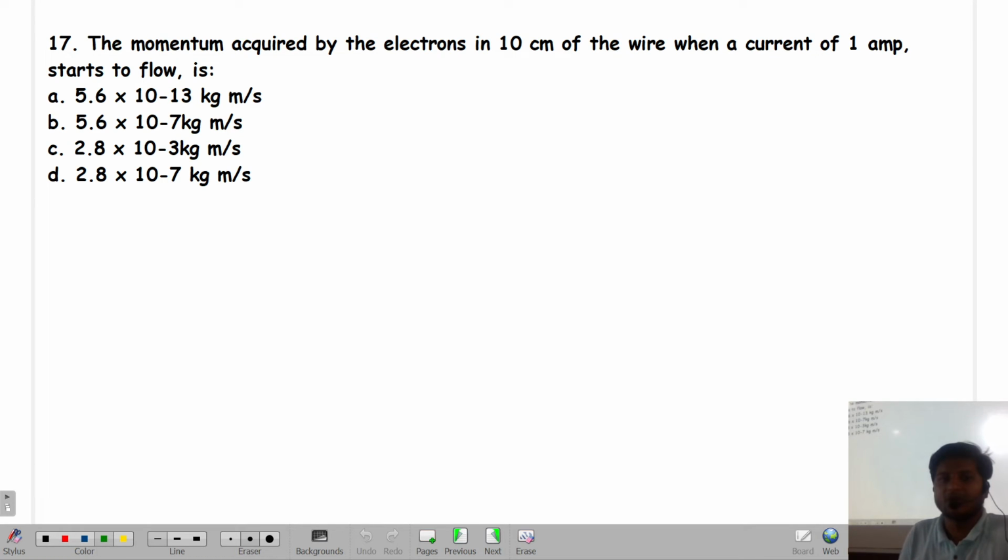What it is saying: the momentum acquired by electrons in 10 centimeter of wire when a current of 1 ampere starts to flow. Okay, first important thing, momentum. What is the momentum formula? Momentum P is equal to mass into velocity, or not? Yes or no? Inside the wire, electrons do not move with the speed of light.